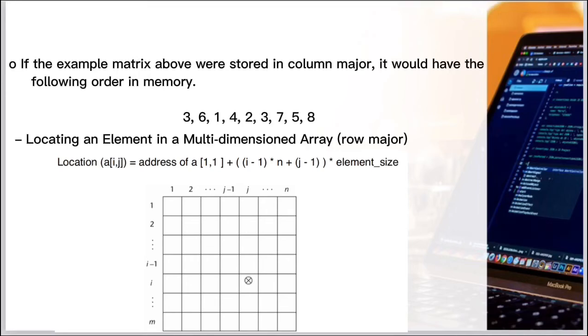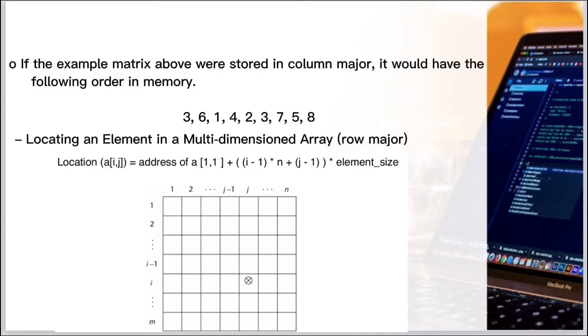Locating an element in a multi-dimensional array, row major: location(a[i, j]) = address of a[1, 1] + ((i - 1) * n + (j - 1)) * element_size.